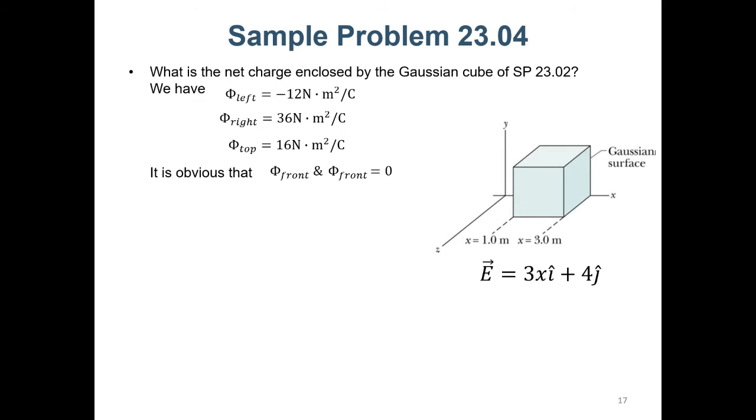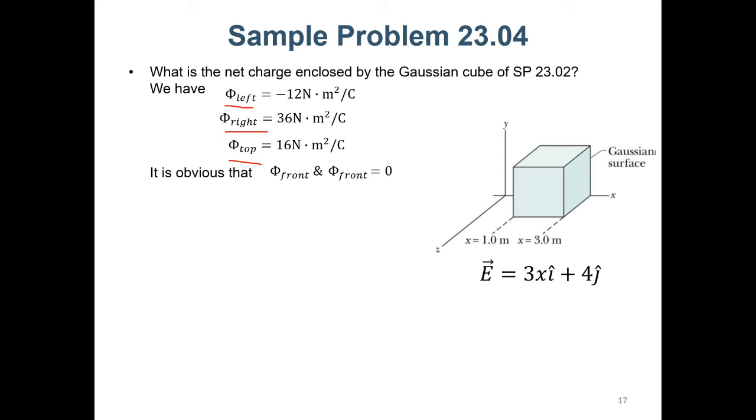Okay, let's see another one. Yesterday we had another sample problem. We calculated phi left, phi right, phi top to be negative 12 Newton meter squared per Coulomb, and 36, 16.